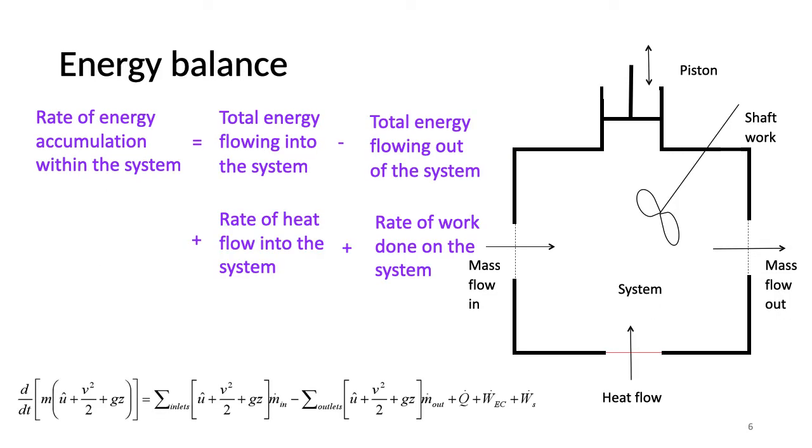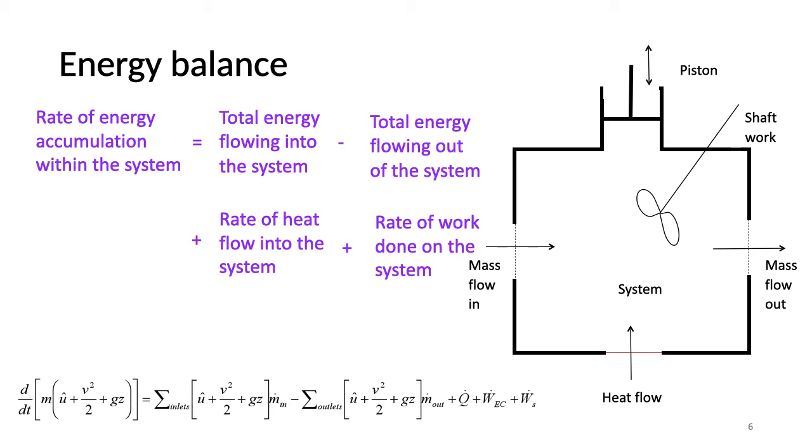This is the energy balance equation for a general system which has the components as given in this figure. The rate of energy accumulation is equal to the total energy flowing into the system minus total energy flowing out of the system plus rate of heat flow into the system plus rate of work done on the system.